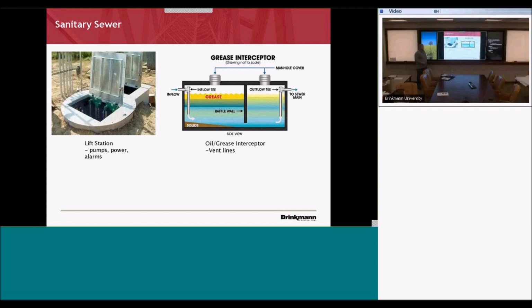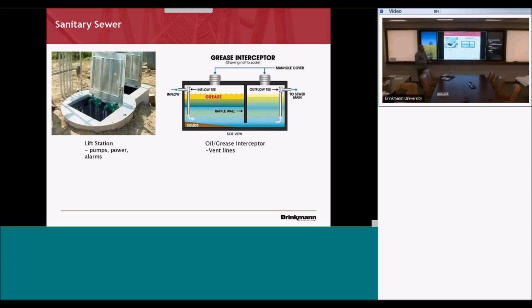You're going to have power going to it, and alarms. That ties back into your site electric. You've got a lift station, you've got to get power to it. Usually you're going to have your regular power plus low voltage, because the alarm probably runs off of low voltage. So you're going to have to route that as well.